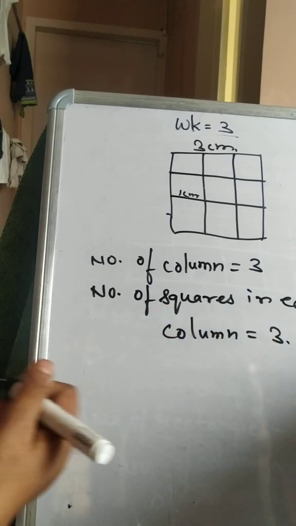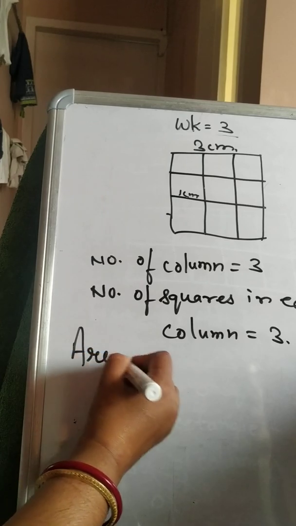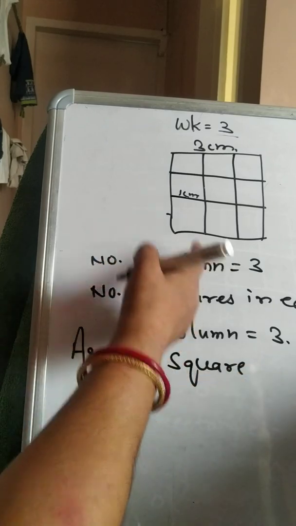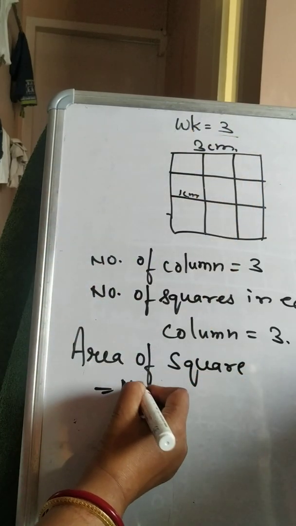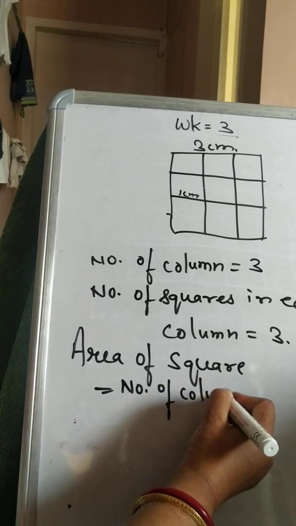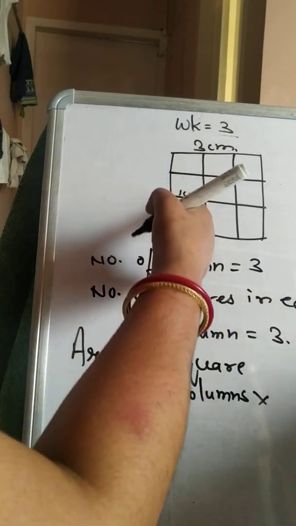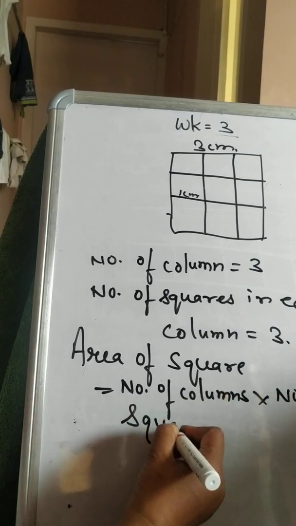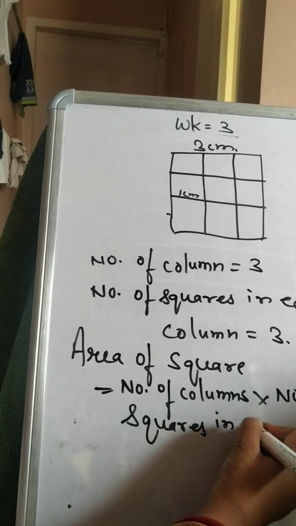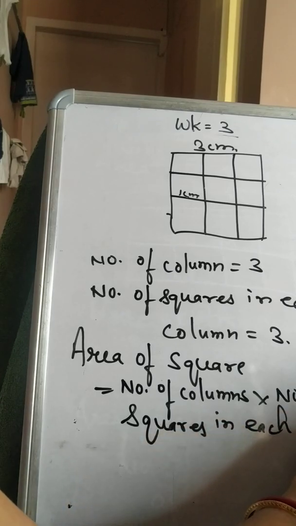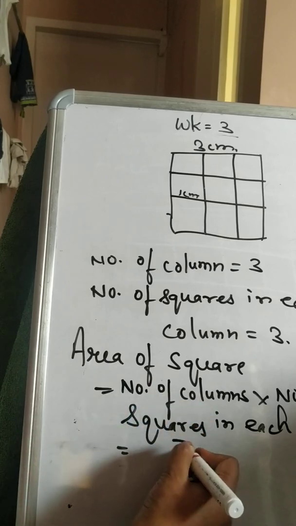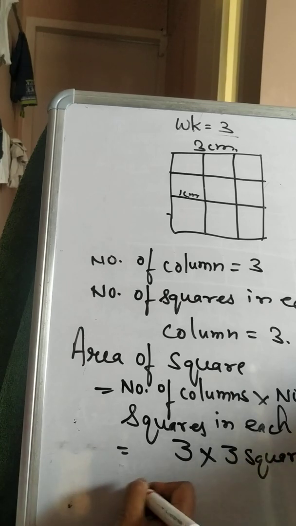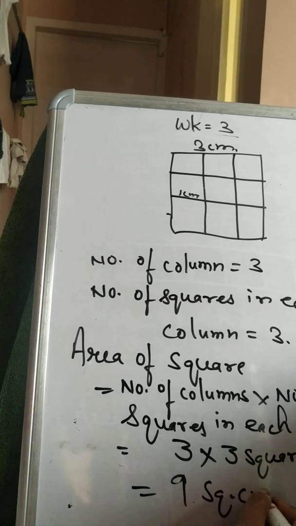So the area of the square is equal to number of columns into number of squares in each column. So here number of columns is 3 and number of squares is 3. So it is 9 square centimeter.